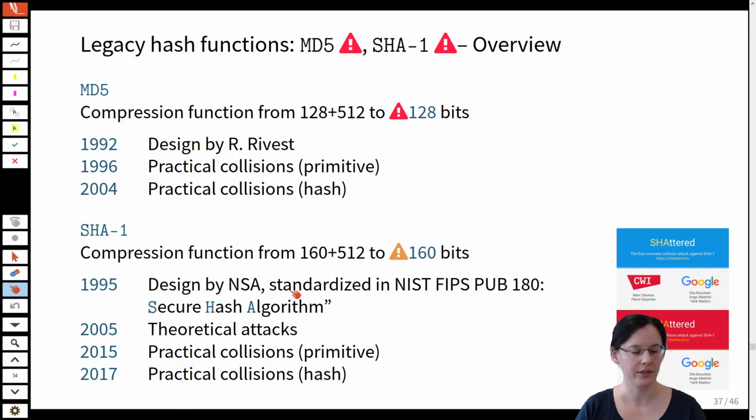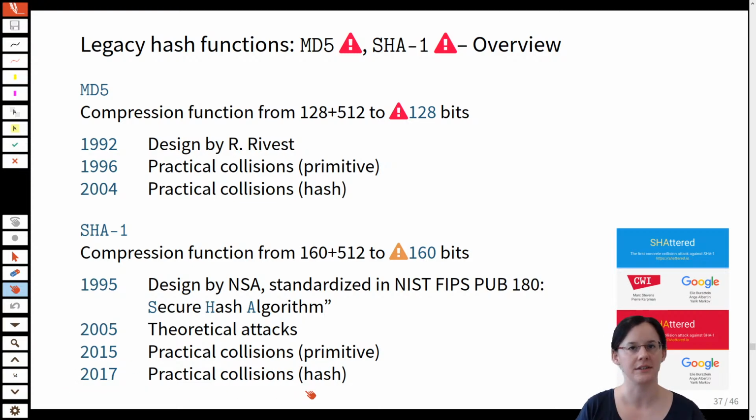And for SHA-1, the first theoretical attacks were published together because they were based on the same strategy as the collisions for MD5. And again, it took a long time until this could be translated first into practical collisions of the primitive, so the theoretical attack into a practical attack, but as of yet only on the primitive without actually being able to do something for the full hash.